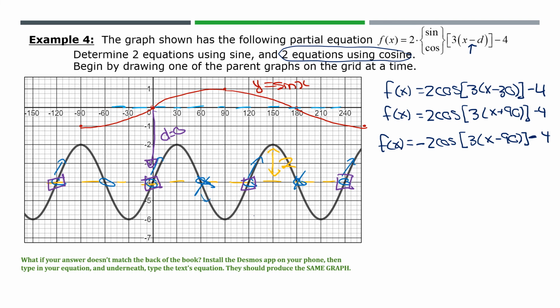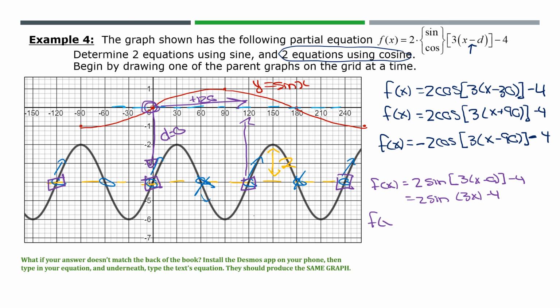But because I have to pick 2, in my second one, I'm going to take this value here of 120, and I'm going to say that this point, my y-intercept, got pushed over 120 units. So my equations are f of x equals 2 sine 3, the first one I picked was a 0, minus 4, which we know we can rewrite a little cleaner as 2 sine 3x minus 4.